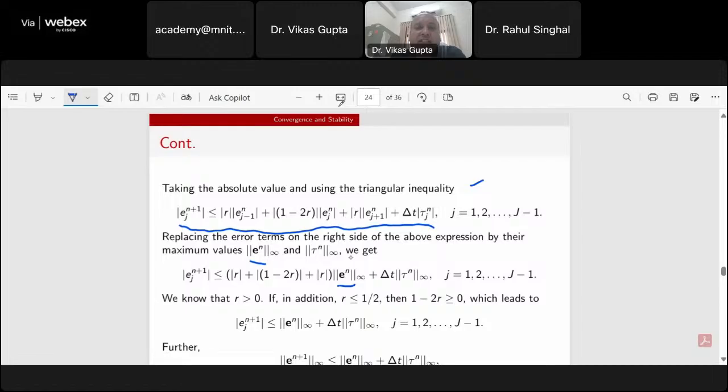All these terms will be replaced by their maximum value, that is norm of e^n infinity plus delta t norm of tau^n infinity, j equal to 1 to J minus 1.